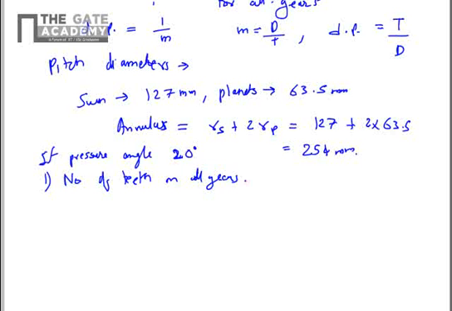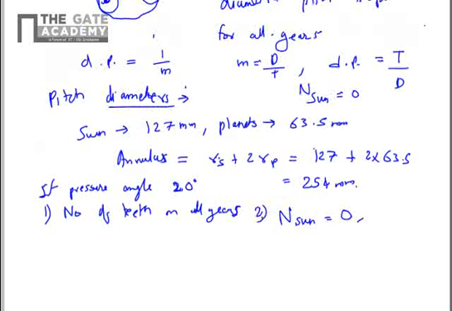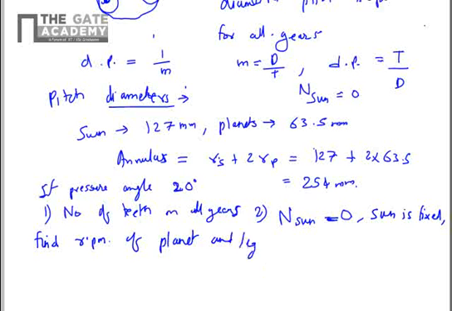The second part is that, provided the speed of the sun is equal to 0, that means the sun gear is fixed, and we know the angular rotation speed of the annulus, find the RPM of the planet and the leg and their direction. The third part of the question is to find the torques on the input and output shaft.